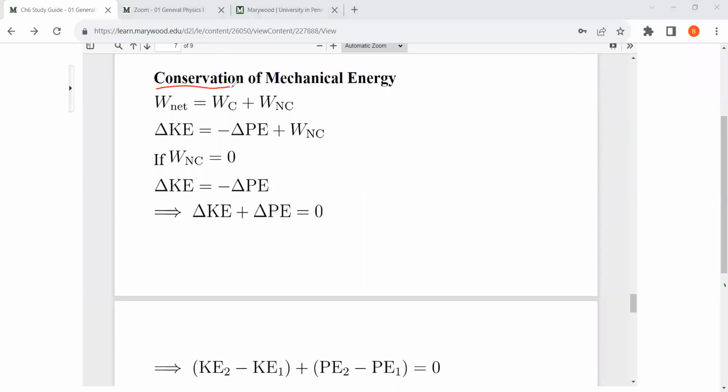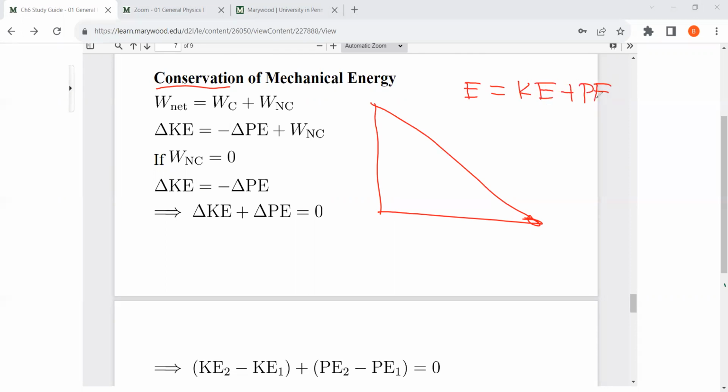So what conservation means, first we need to understand. Conservation means constant. If we have a system, and if it goes through some change in position, let's say, no matter where it is, the mechanical energy is always the same. And remember, the mechanical energy is equal to the kinetic energy plus the potential energy, right?